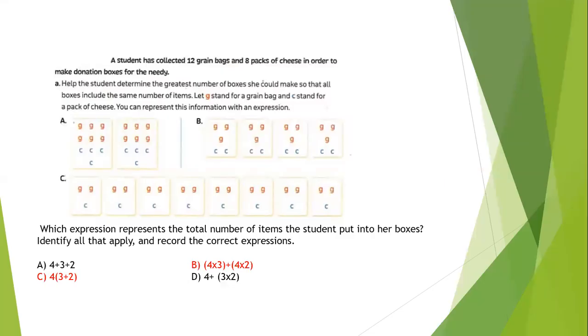Which expression represents the total number of items the student put into her boxes? Okay, from the previous slide, number C, number B. We will have 4 groups. In each group, I can find 3 grains and 2 packs of cheese.